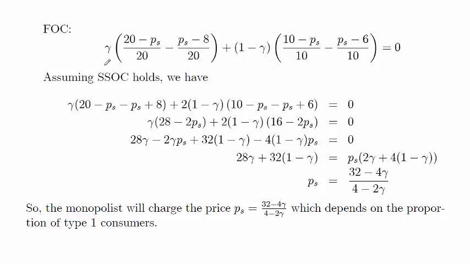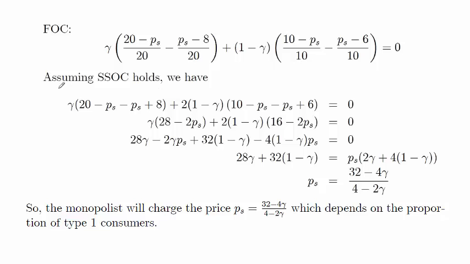So what I have is the following equation, and I set it equal to 0. The solution to this equation, the solution to PS, will denote the profit maximizing single per unit price that the monopolist will charge to both type 1 and type 2 consumers.